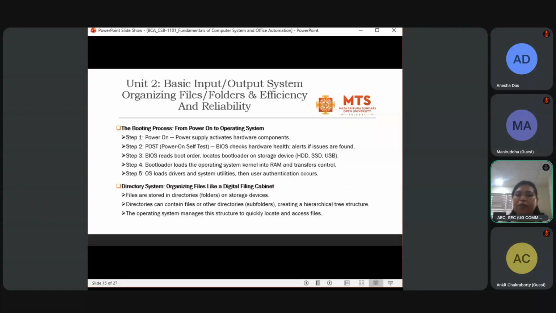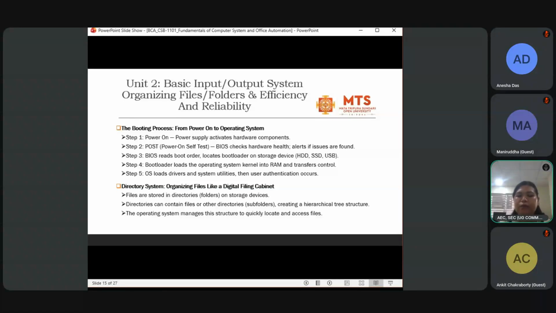The third step is the BIOS reading the boot order, and locating the bootloader on a storage device like HDD, SSD or USB. Then the fourth step is the bootloader loads the operating system kernel into RAM and transfers control.